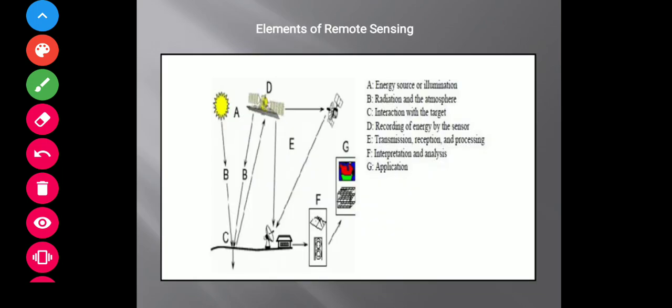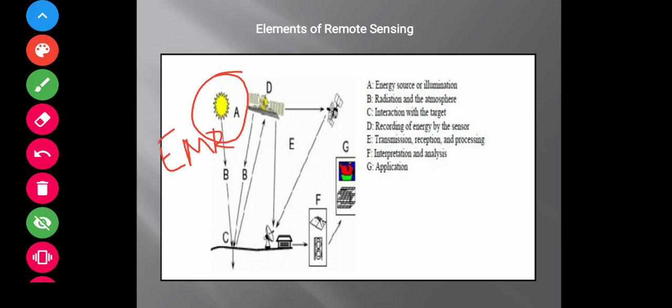First of all, the first requirement of remote sensing is the energy source. Here the energy source is A. This is particularly the sun. The sun radiates electromagnetic radiations.